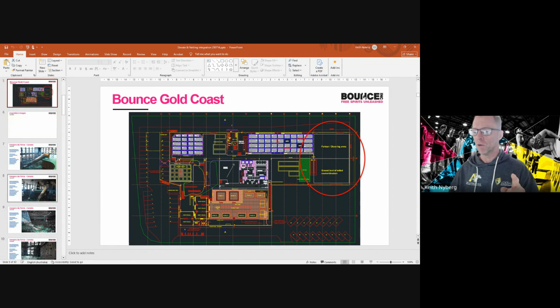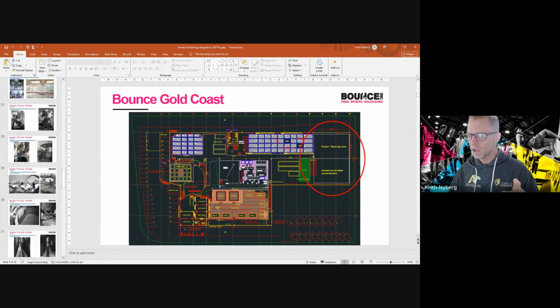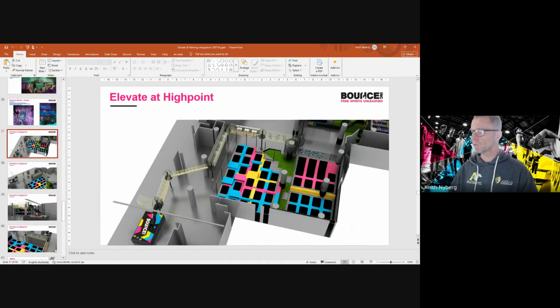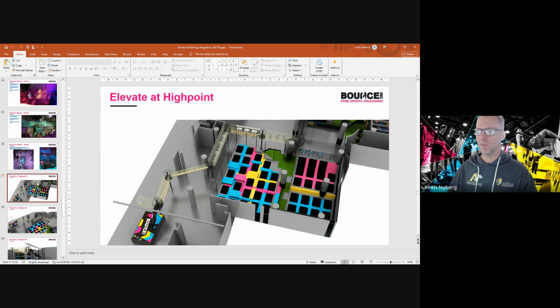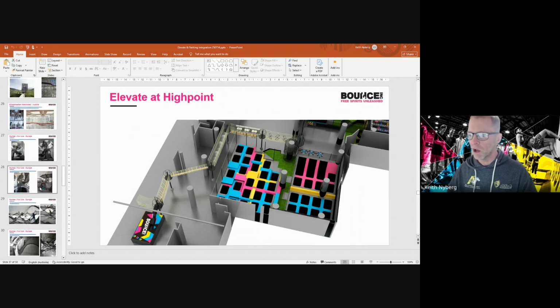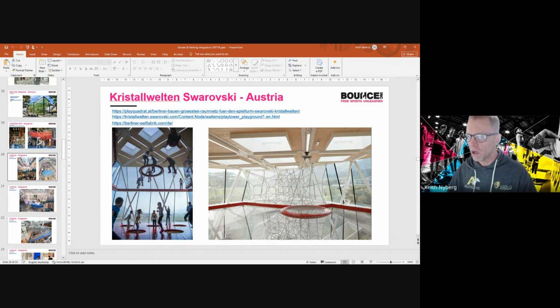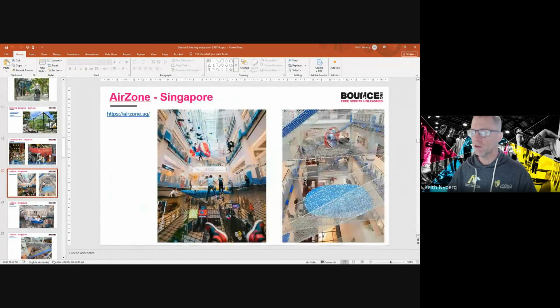So what I mean by that is, this was a concept, but if you can imagine something like this running around the outside, that could be the same structure that then in the middle had something like this, where you could walk on the netting. We've seen this in Singapore, where they have activities on the netting.